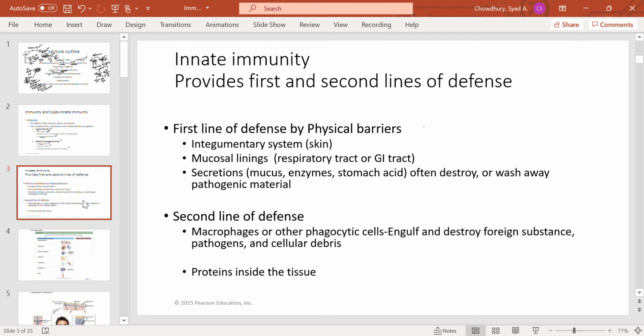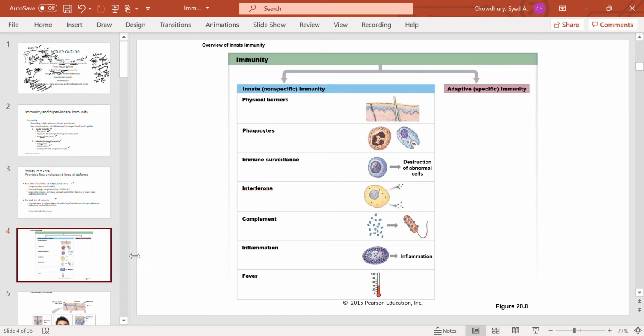I already talked about the first line, second line, and third line of defenses. So physical barrier, skin, mucous membrane, that means the lining of your GI tract and respiratory tract, right? Mucous membrane. So this is first line of innate, right? So first line. And phagocytes, the macrophages, right, in the tissue, and you have some natural killer cells.